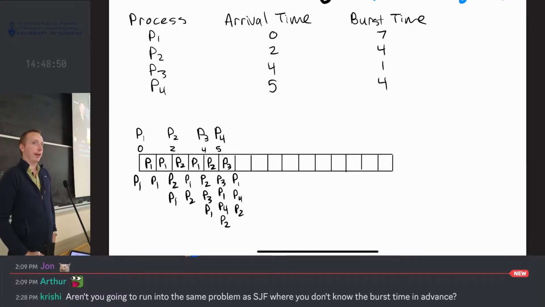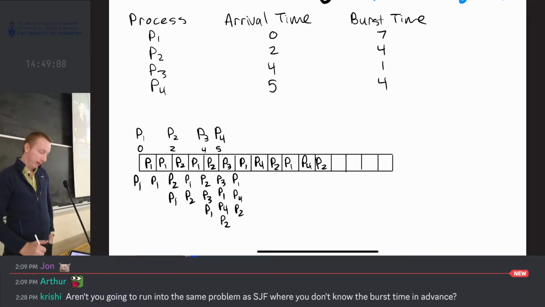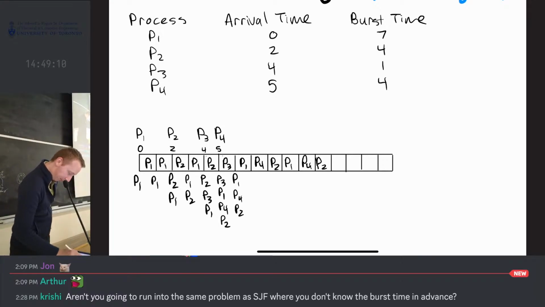So can I take liberties here and go quicker? Yeah, I see nods, we can get out of here. So it would go P1, P4, P2, P1, P4, P2. Then at this point, P4 should be done, right? So P2 executed here, here, here, and here.